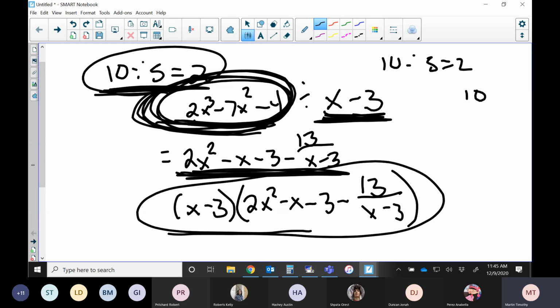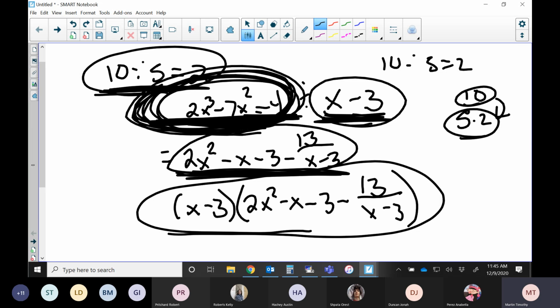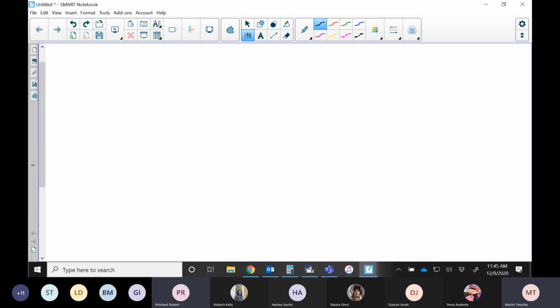That means anytime I see 10, I can write it as 5 times 2, because 5 times 2 is 10. Anytime these two things are equal, you can rewrite it. Does that make sense? Yeah, that makes sense. You will have practice on that tonight for homework.